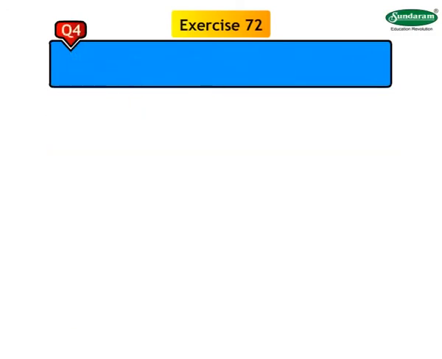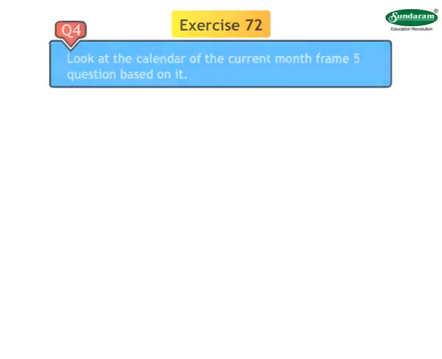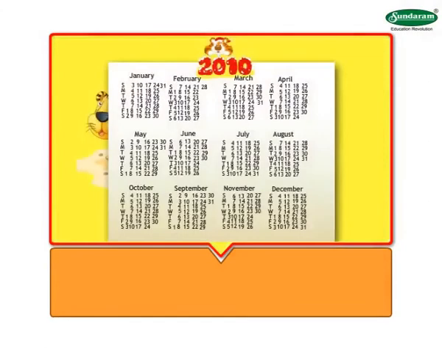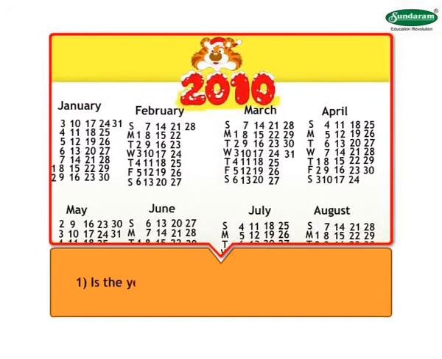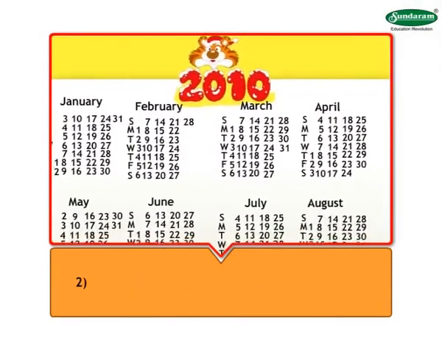Question 4. The fourth question is, look at the calendar of the current month. Frame 5 questions based on it. Solution. Let us frame 5 questions based on it. 1. Is the year 2010 a leap year? 2.